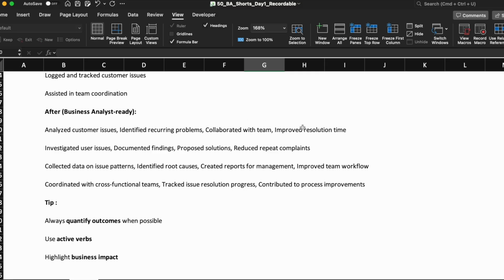If you don't know the exact number, that's okay. Put a percentage number, like how much you improved the process time, how many complaints per shift, per month, per week. So give a number if you know it. If you don't have the number, that's fine. At least give the business impact, using task, skills, and value.